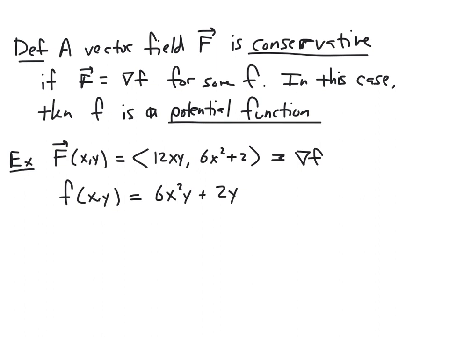At this point, we just looked at it and thought about how partial derivatives work, and we were able to just write down the function. And once we have this potential function, we can quite easily show this is the gradient vector just by finding the partial derivatives. So coming up with this function does tell me that this vector field is conservative.